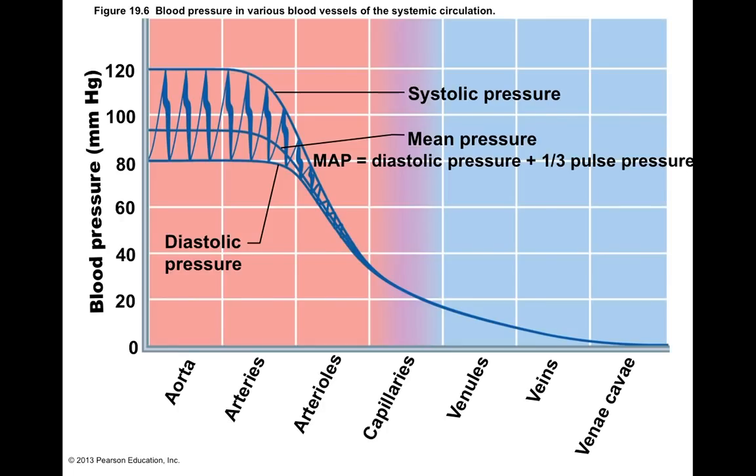Remember, flow goes from high pressure to low pressure. So what can we say about the general tendency of blood flow if our pressure is higher on the artery end and lower on the vein end? Where does flow go? In this direction. You got it, from high to low pressure.